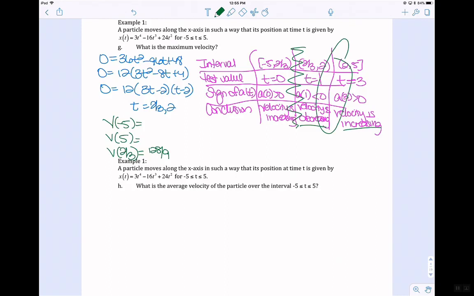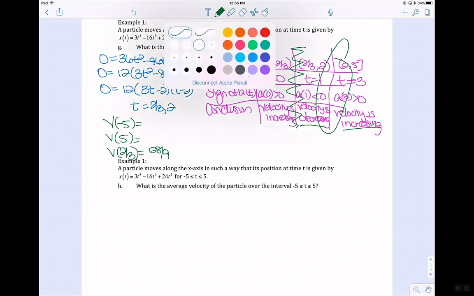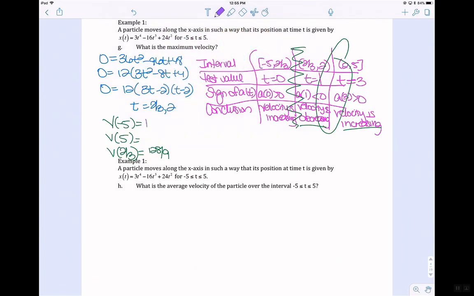Okay, now what I need to do is find out what v of -5 is, and also what v of +5 is, which means that I need my velocity equation, so 12t cubed minus 48t squared plus 48.